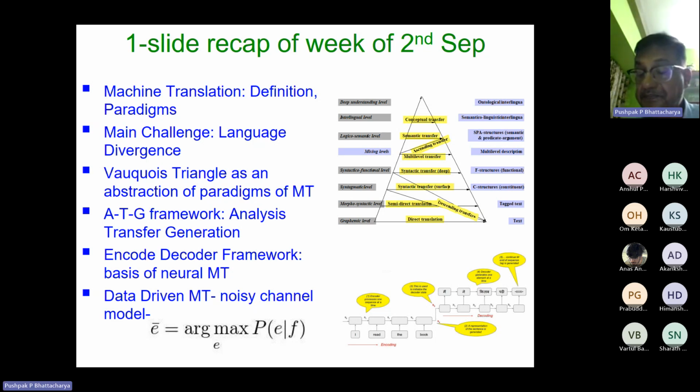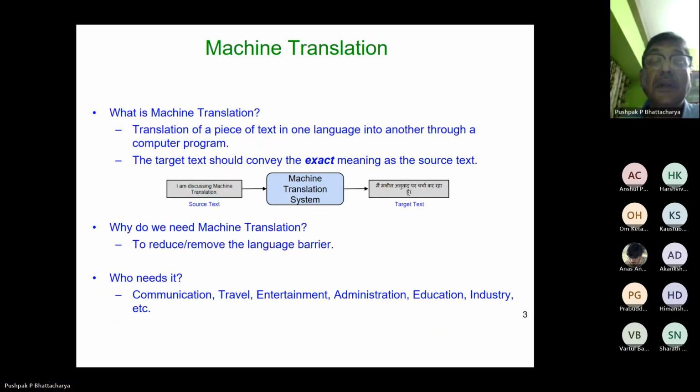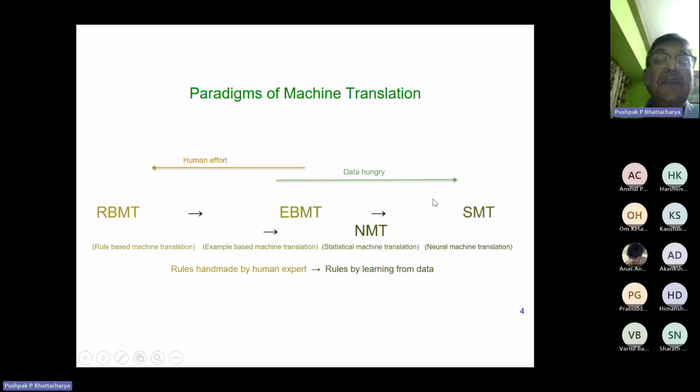We would like to go deeper into some topics now. So machine translation, just to remind ourselves, takes the source text, goes through the machine translation system, produces the target text. Then paradigms of machine translation, we see are RBMT, rule-based machine translation, EBMT, example-based machine translation, NMT, neural machine translation, SMT, statistical machine translation.